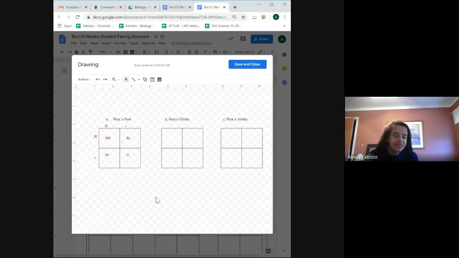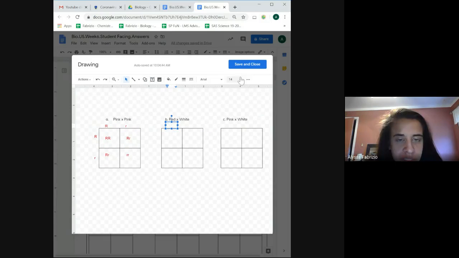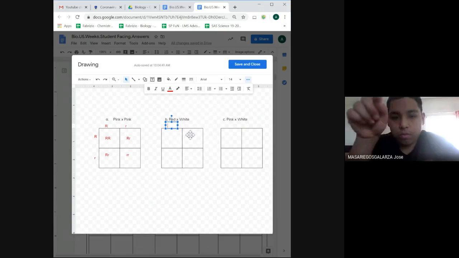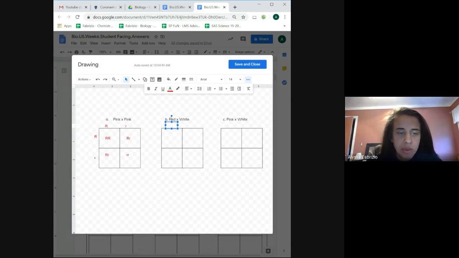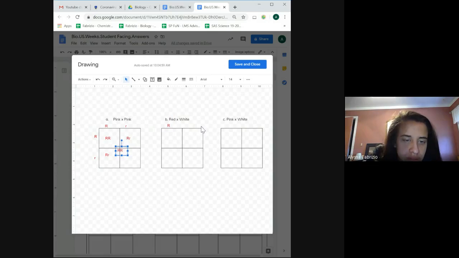Okay, very good. What about for the red and white allele? The red is going on top. It doesn't matter which one we make on top, but we can do the red on top. So what would that genotype look like? The 2 uppercase R's. Okay, very good.